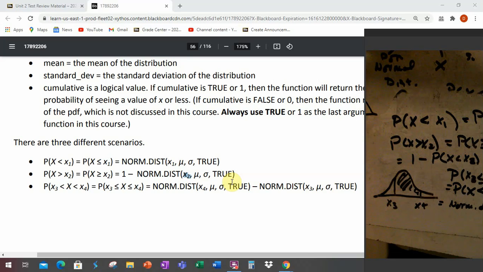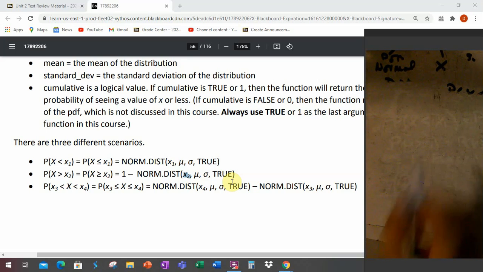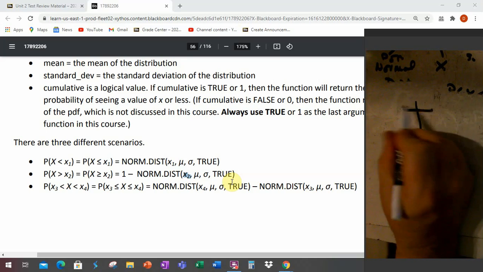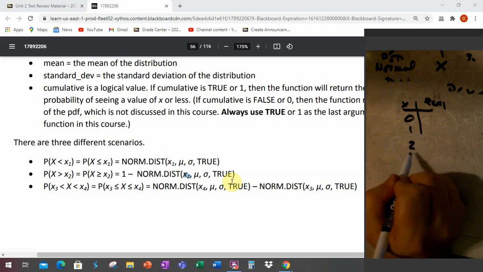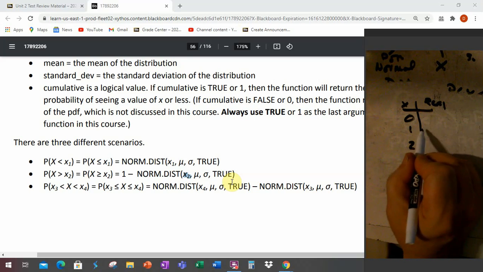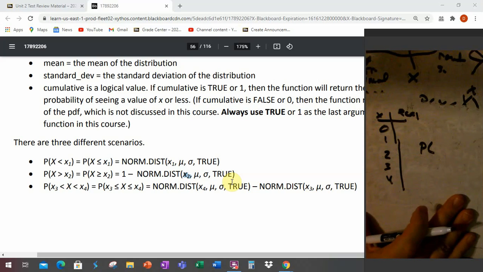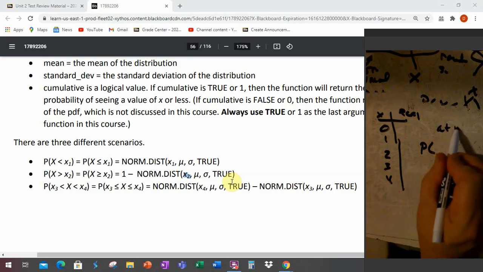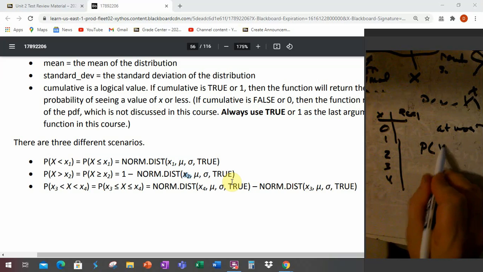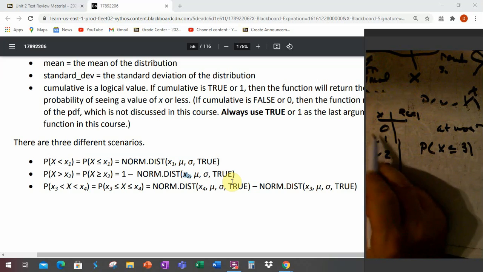Unlike the binomial distribution, where you would go and build your table. So you'd go 0, 1, 2, 3, 4. And if you had the probability at the most 3, this is x less than or equal to 3. This would include this, and this.